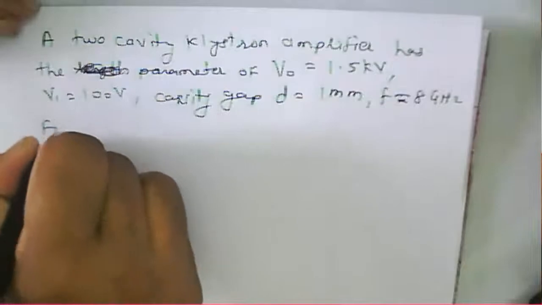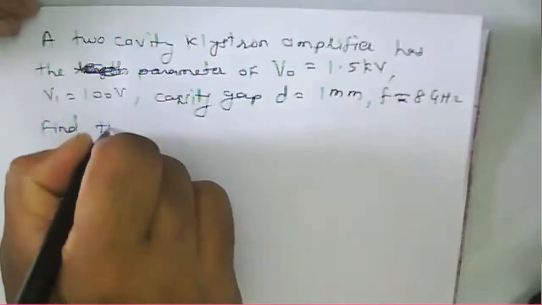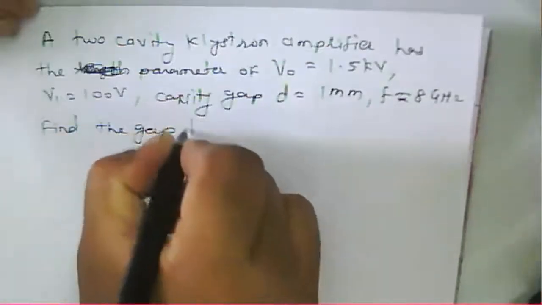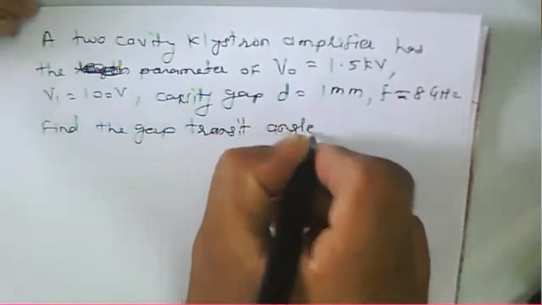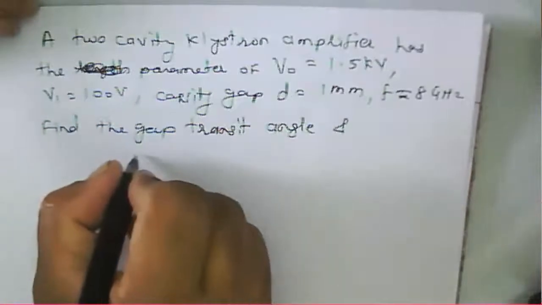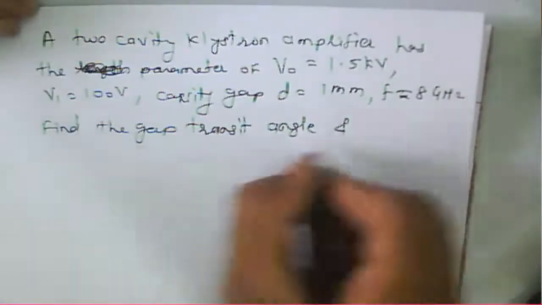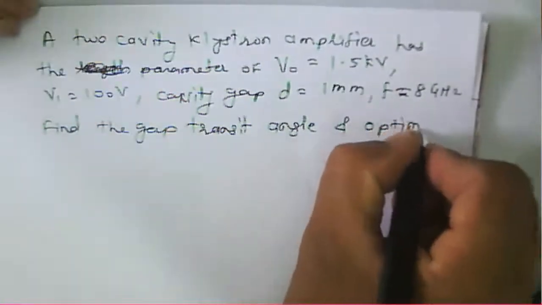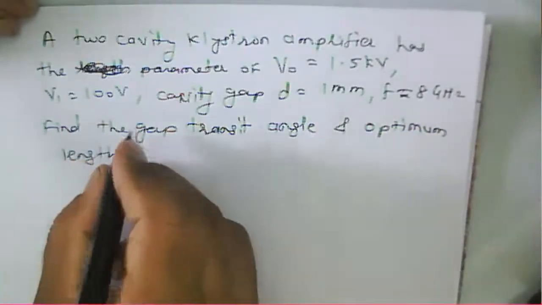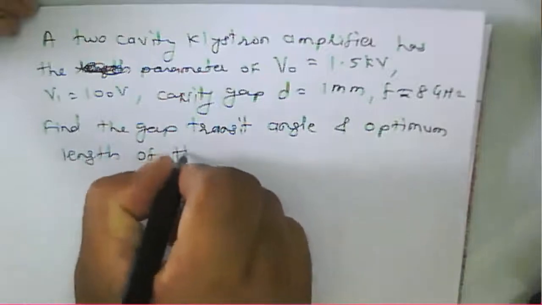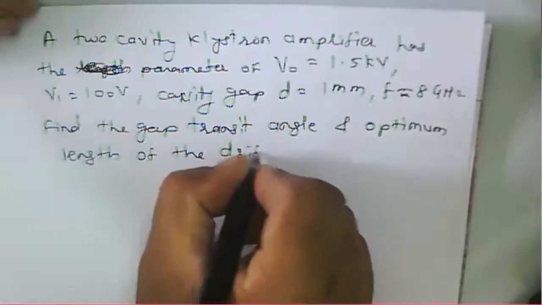Find the gap transit angle and the optimum length of the drift region.